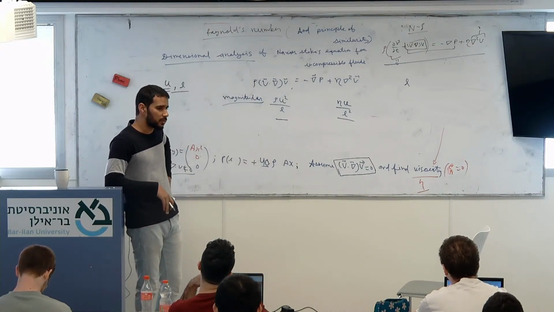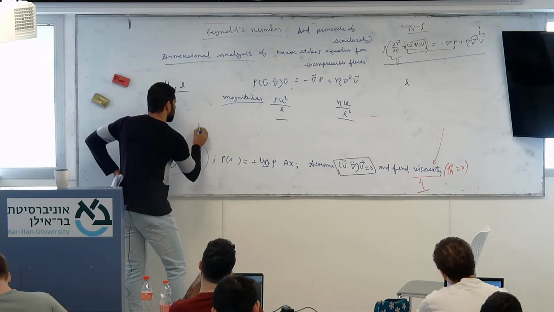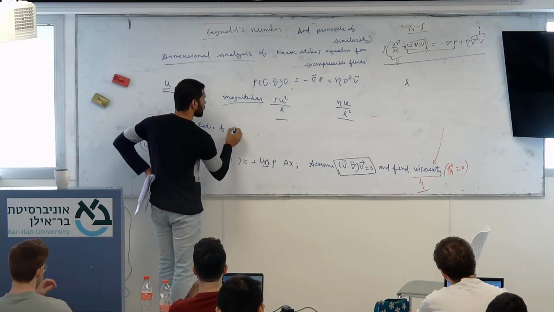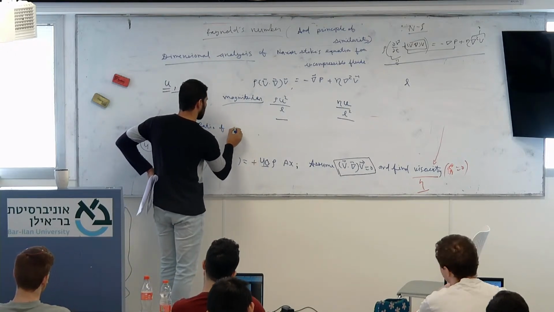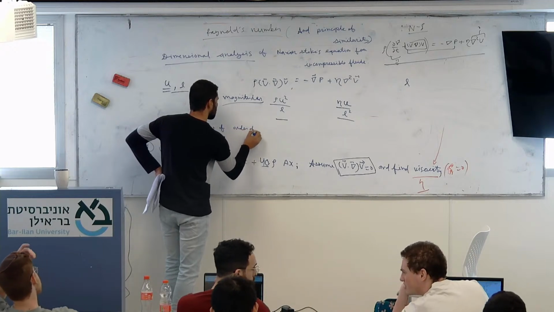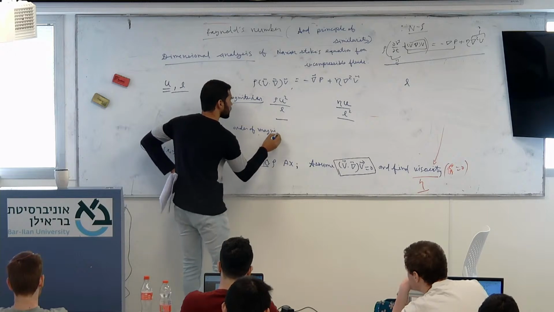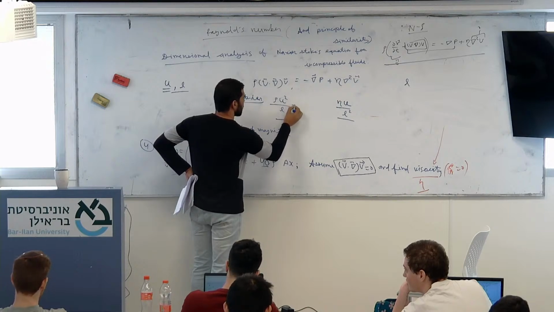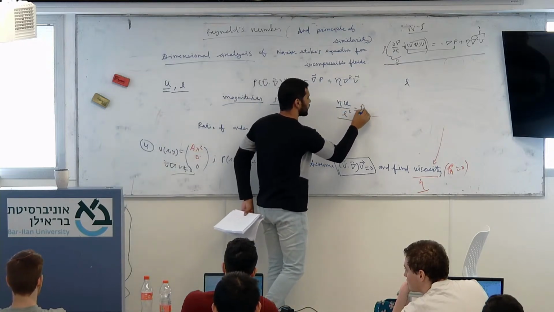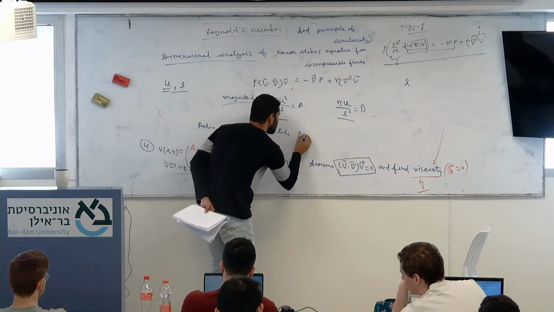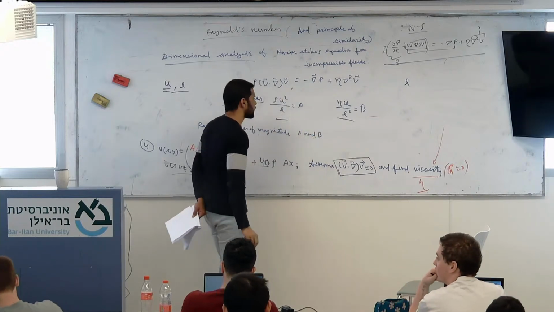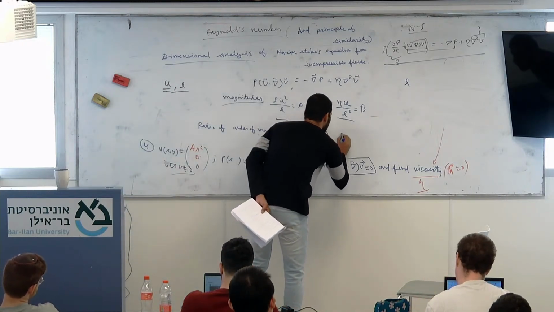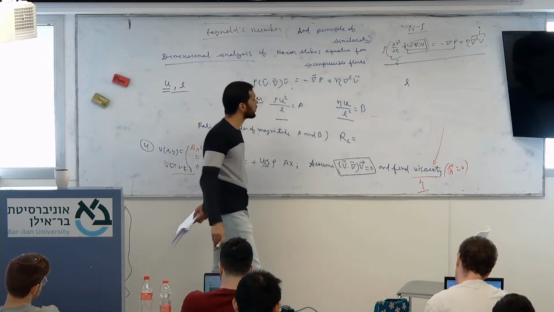We take the ratio of these two terms. Let's call this A and this is B. This ratio is called the Reynolds number, and I will explain why. This is Reynolds number R. Okay?